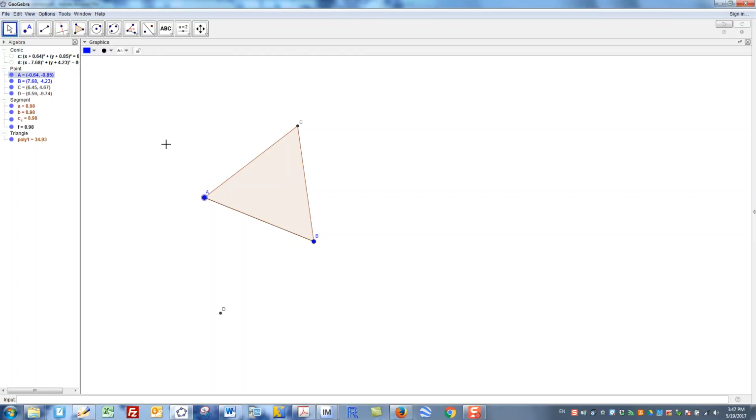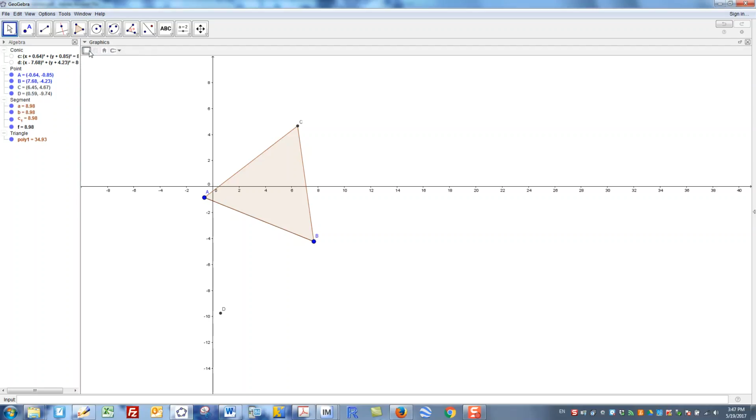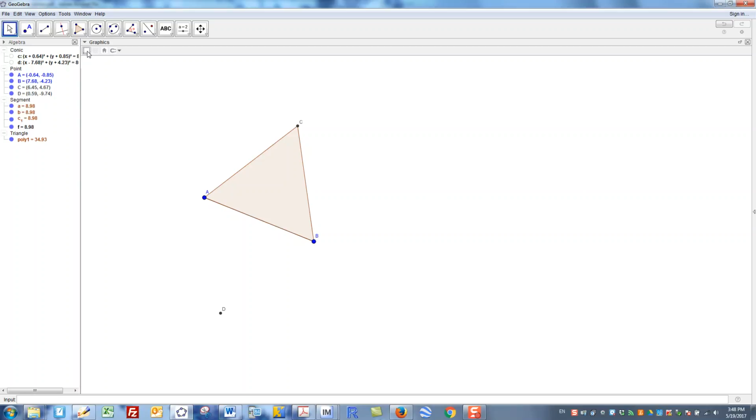And what's neat is that we can immediately jump to the analytic view of the triangle. If you click on white space here, you get these choices, and the axes, which are hidden by default, come alive.